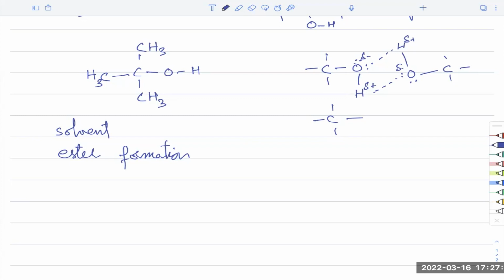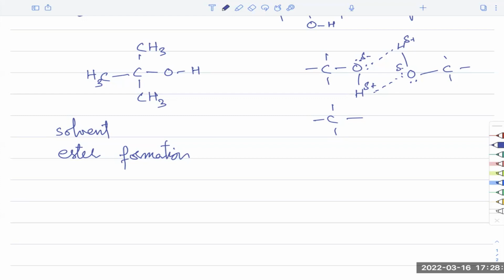So it will dissolve to some extent and then it will form a layer, it will not dissolve. That itself has some applications that we study in A2, especially in partitions. But other than that, if you get larger alcohols like decanol, they will not dissolve in water at all because they are unable to make hydrogen bonds. The London dispersion force is the primary force there, which is why it will not dissolve. Okay.